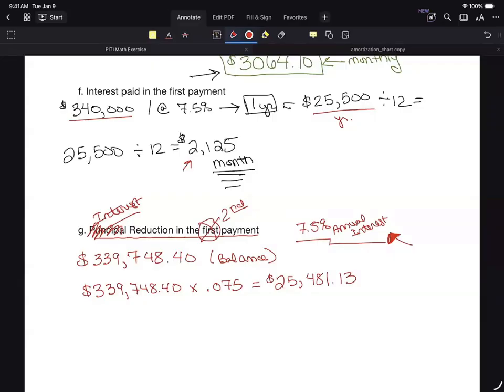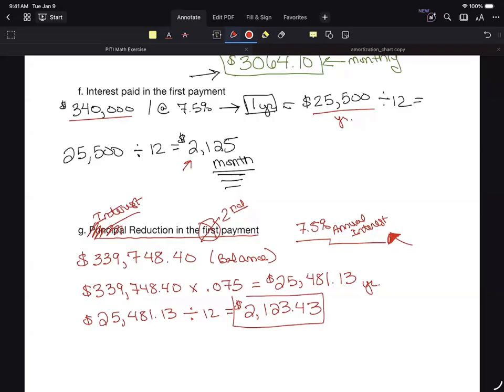And so then that's for a year. What do we need to do with that? Divide it by 12 months. And then this will be 2123.42. I don't know if you want to round up. We'll call it 2123.43. We'll round it up. Okay. So now for the next month, this is how much you owe in interest, 2123.43.